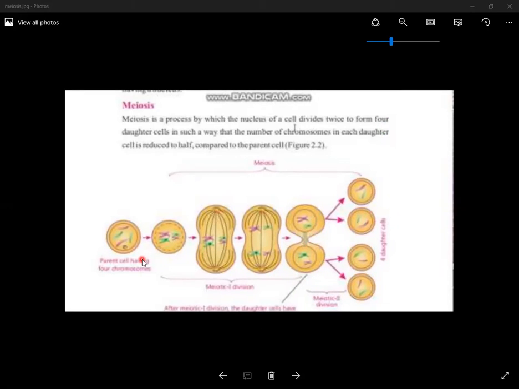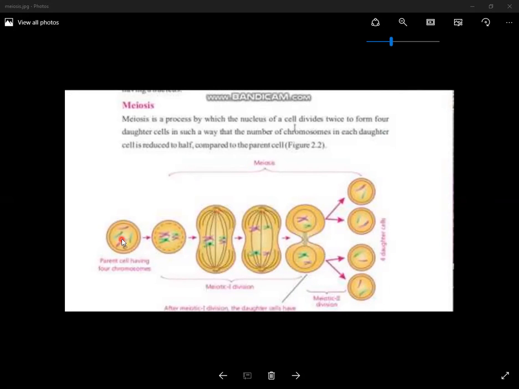Here you can see that this is a parent cell having 4 chromosomes. But at the last stage, it produces 4 daughter cells, and each daughter cell has half the number of chromosomes as compared to the parent cell.